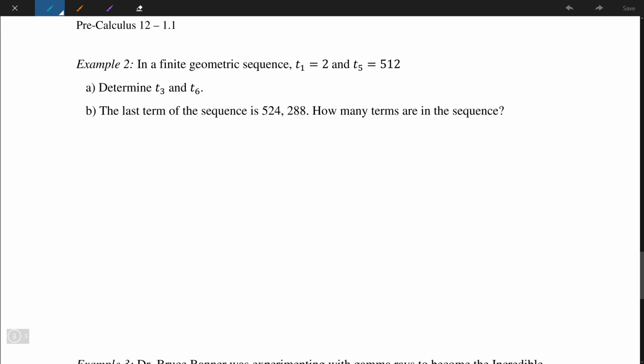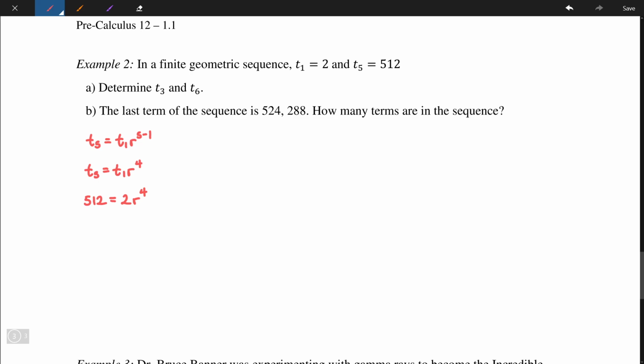So now the fifth term, t to the fifth power, is equal to t1, the first term, and then r to the 5 minus 1 power. So the fifth term is equal to the first term, and then multiply by the common ratio 4 times. So if the fifth term is 512 and the first term is 2, we can solve for r.